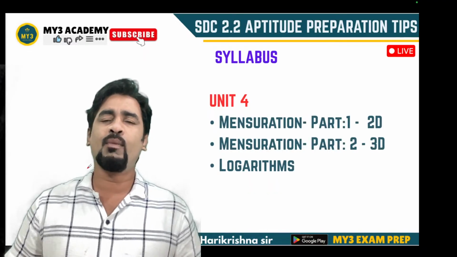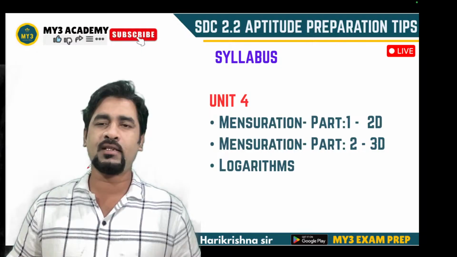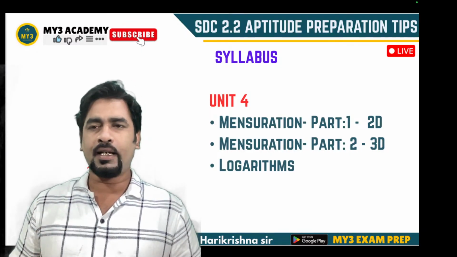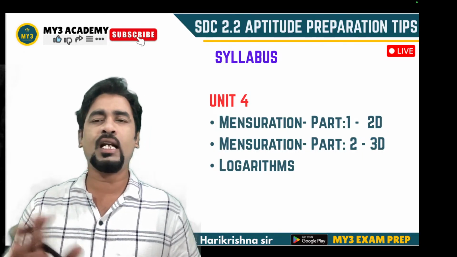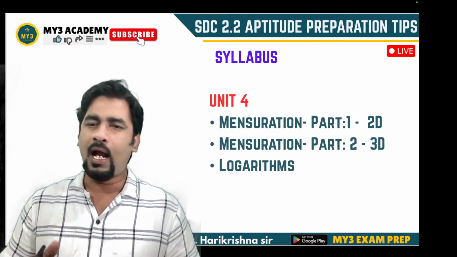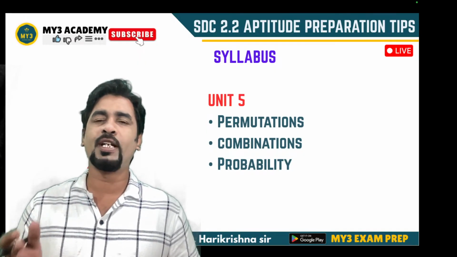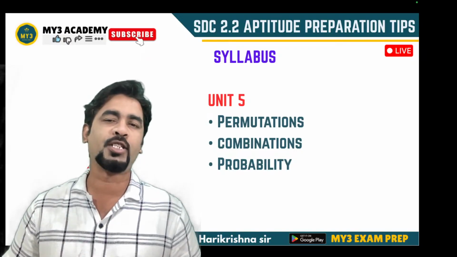Next, unit number 4, mensuration part 1, which covers two-dimensional figures like areas and perimeters of square, rectangle, circle, rhombus, and different 2D figures. Then mensuration part 2 is related to 3D figures, where you can see questions on volumes and surface areas, and logarithms. Finally, unit number 5 is permutations, combinations, and probability. So these are the 5 units that are going to be covered for the examination.